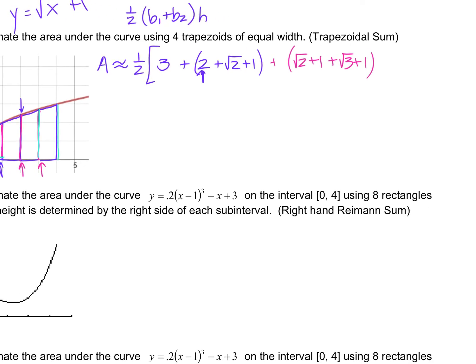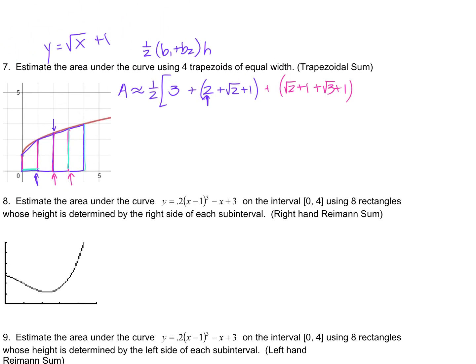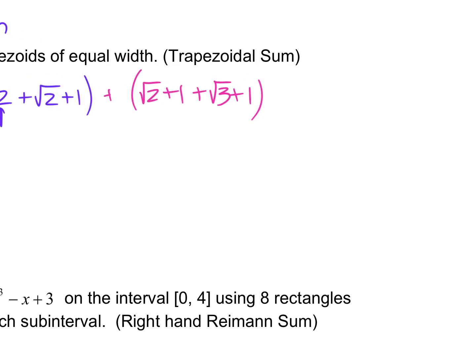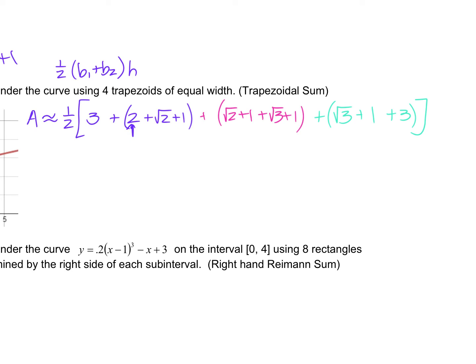What are those two going to be represented by? Root 3 plus 1 and 3, and just 3, yeah? Now, do we need to simplify this? Nope. The main idea is just being able to represent the area, okay?